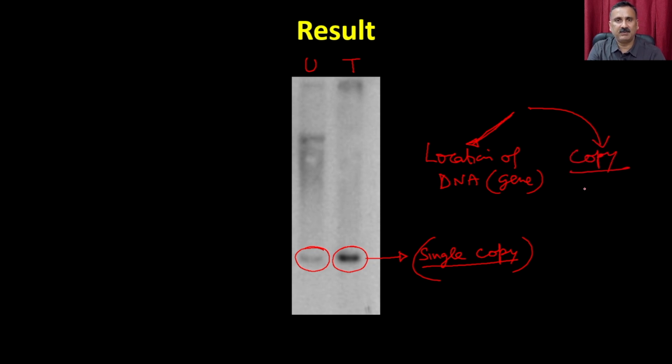For example, a few genes are single copy, so they will be present only on chromosome number 2 and nowhere else. But there are genes which are present on multiple chromosomes, so they have multiple copy number. Copy number means how many gene fragments are present in the genome.